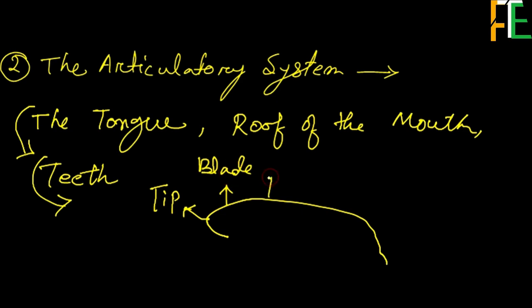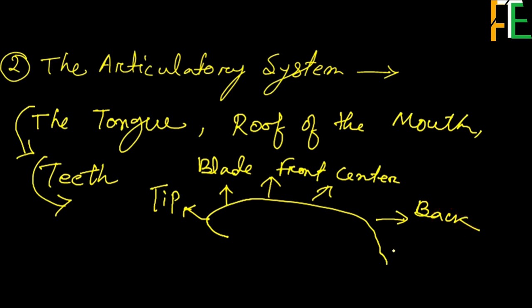Then the next part is the front of the tongue, then the middle or the center of the tongue, and at last the back of the tongue. This is the tongue.